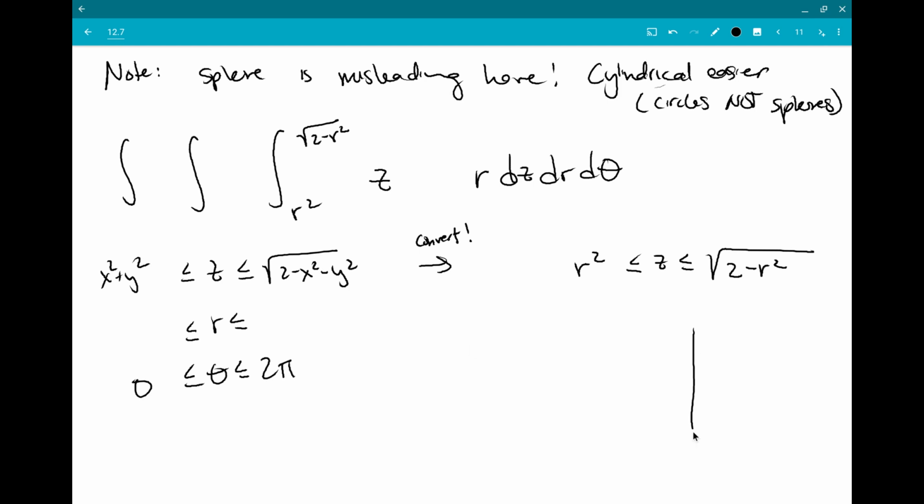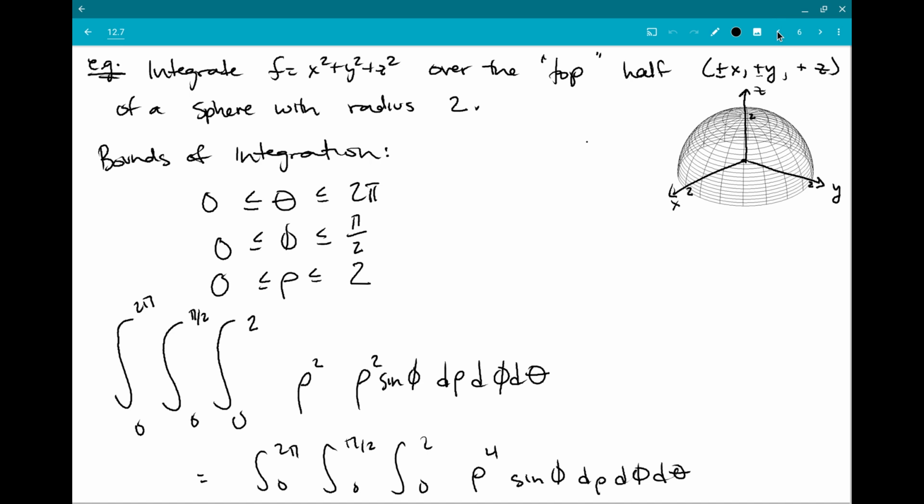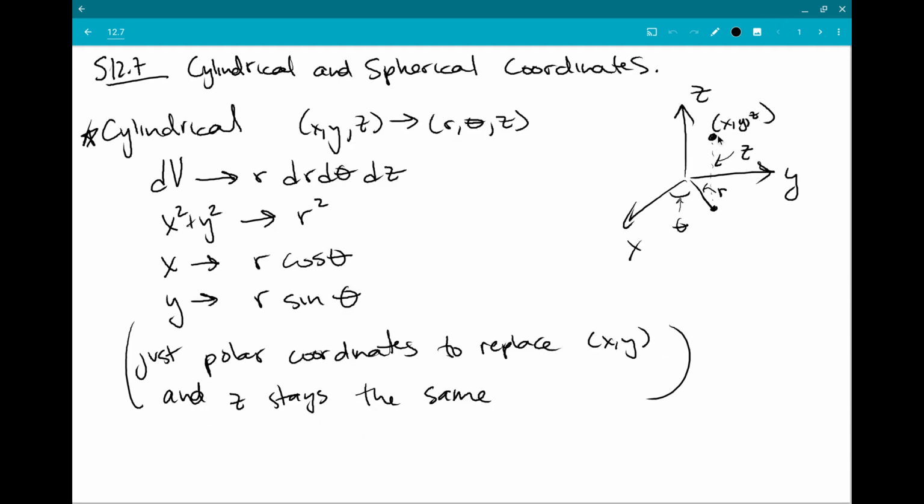I'll go ahead and draw that picture right here too. So, going all the way back to the start of all this where we introduced cylindrical coordinates, we said z takes on its own value, and then x and y are defined by r and theta like they normally would. So that's why we're looking at this projection in the xy plane.